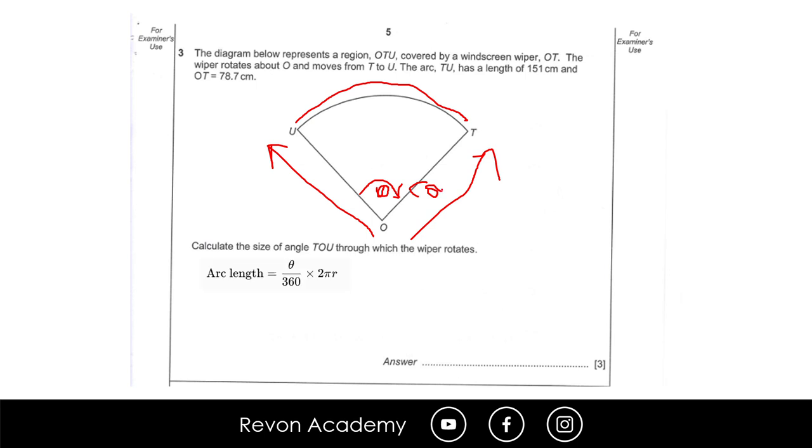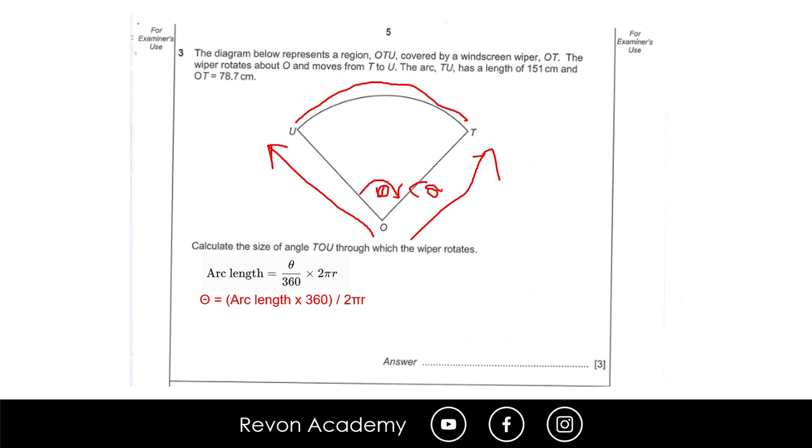That's the formula for finding arc length. But since we are looking for the angle instead, we now have to make the angle the subject of the formula. What you can do is like that, right? That's you making the angle the subject of the formula.